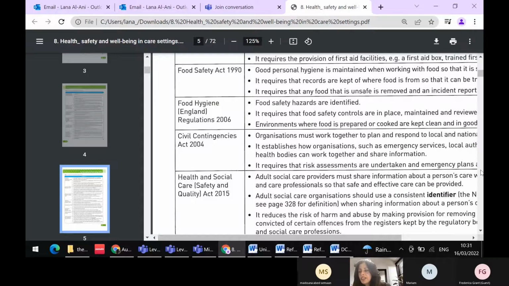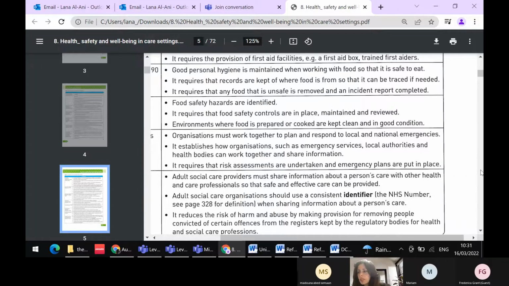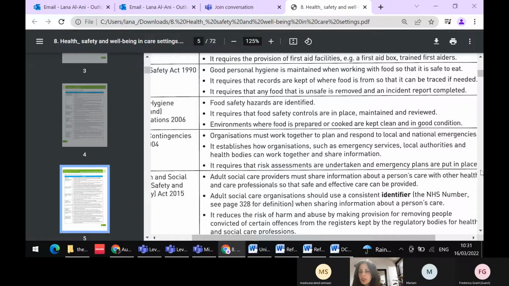There's also the Food Hygiene Regulations 2006 about food safety hazards identified, and also if we identify a risk, we eliminate it, we minimize it. The environment where food is prepared should always be kept clean and in good condition.